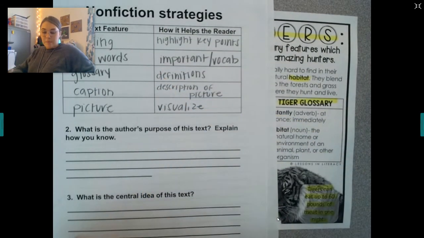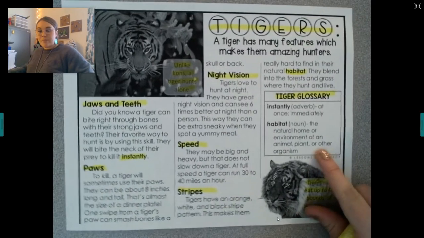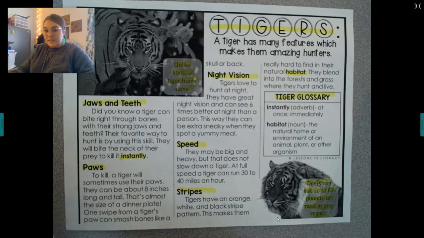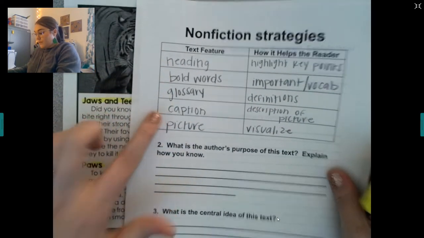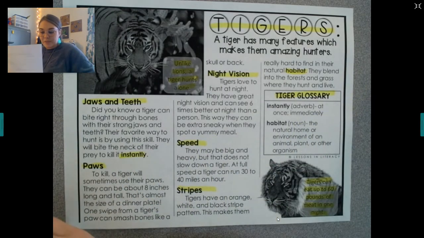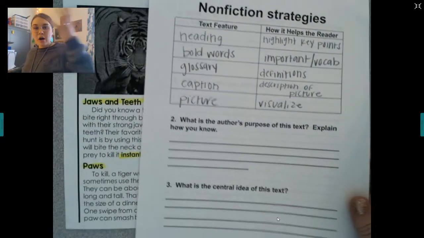I already filled up my page, so I'm not going to write it down. But I think that's all I notice about this just from looking at it. So just by looking at this, I found 1, 2, 3, 4, 5, and then six-ish text features.